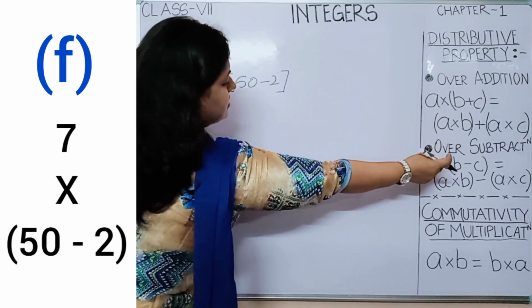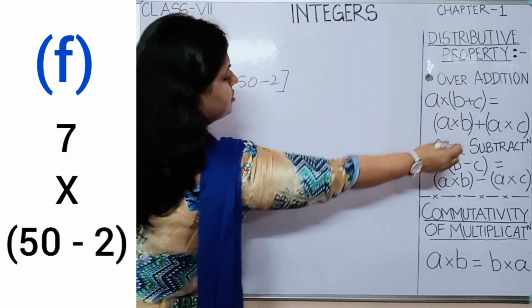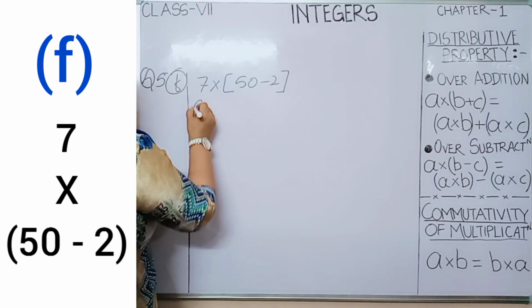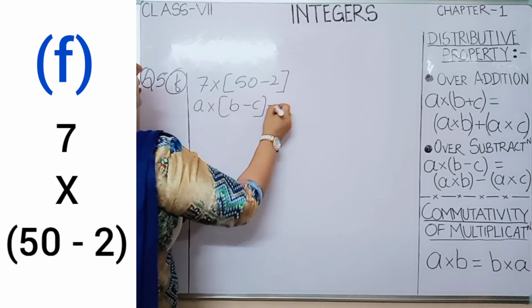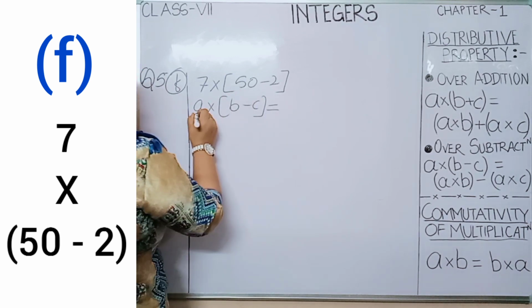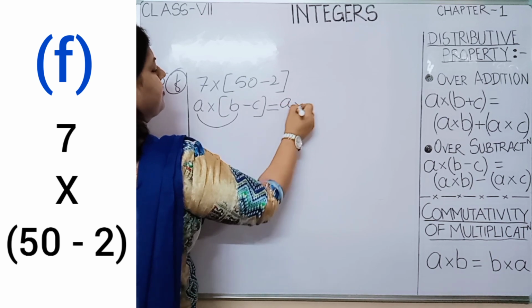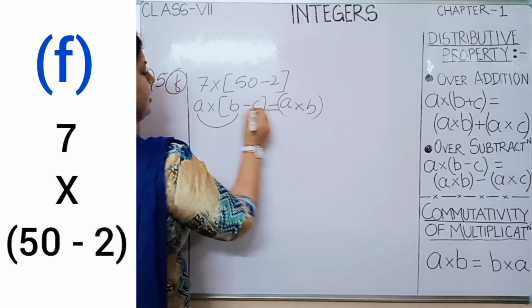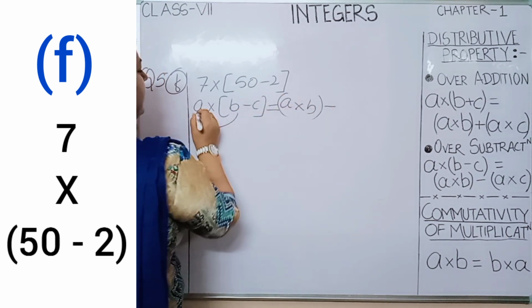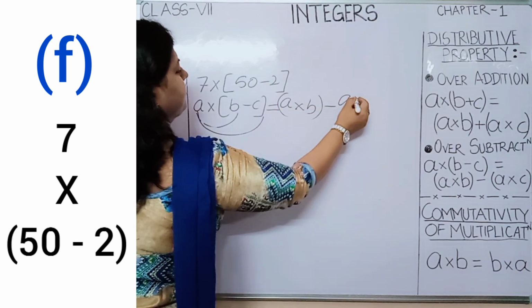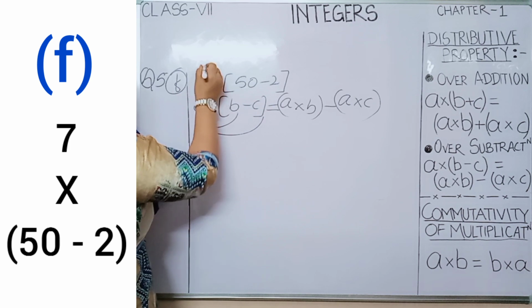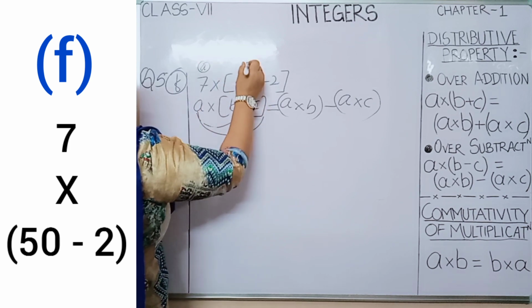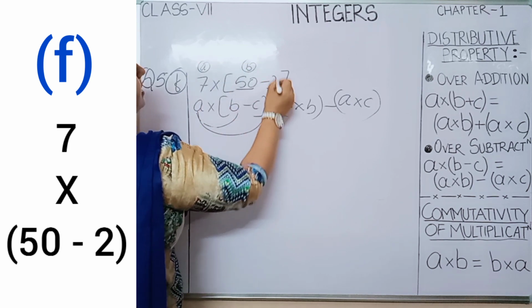A into B minus C is equal to A into B minus A into C. Here 7 is A, 50 is B and 2 is C.